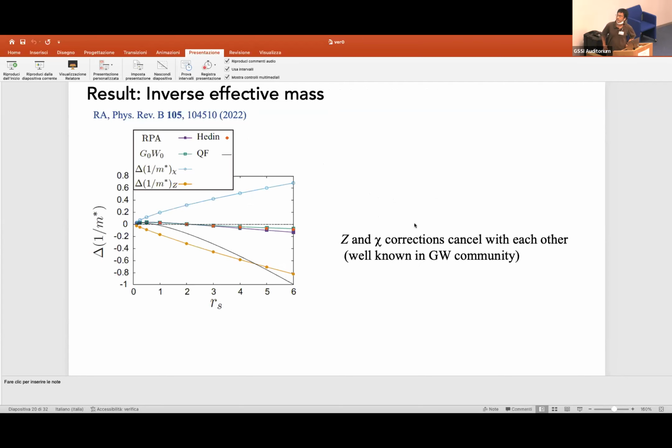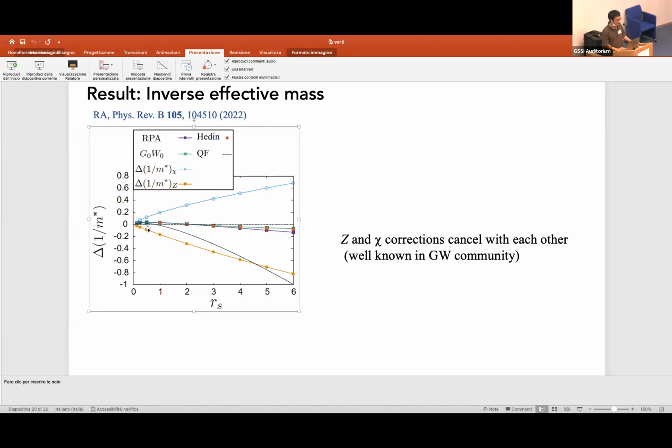Okay, now we are moving to the results. First, I'm showing the correction of the inverse effective mass. This plot shows the dependence of the value on the r_s parameter, representing the inverse density of the electron gas, the typical distance between electrons. The yellow curve shows the contribution due to the Z term, and the blue curve represents the contribution of the chi term.